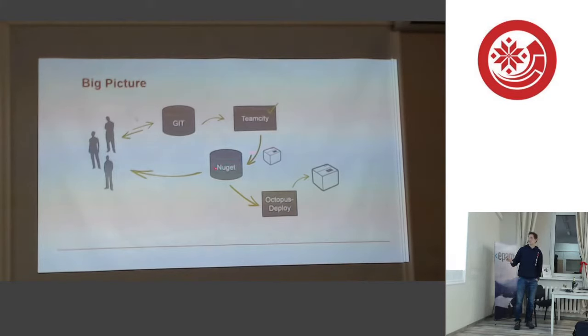And yeah, the NuGet packages also get published to Octopus Deploy, which I think is the go-to solution for any deployment tasks. Why not deploy with TeamCity? You could script that, right? But then how do you distinguish between the stages?